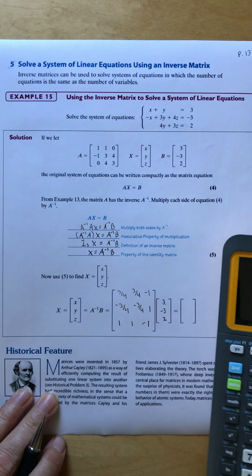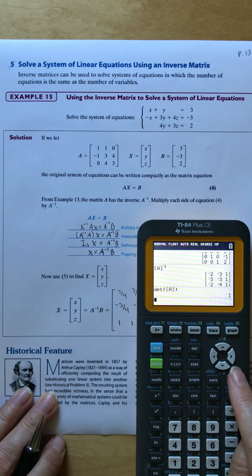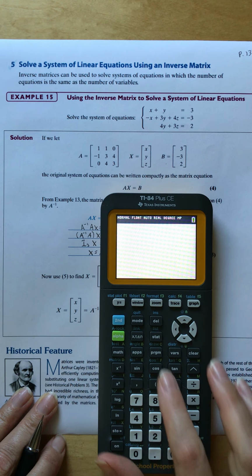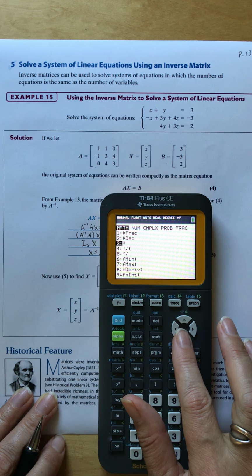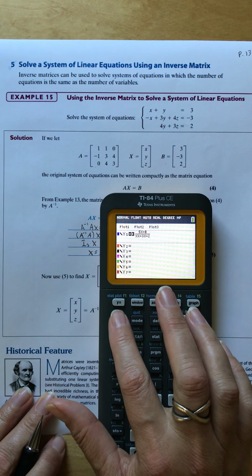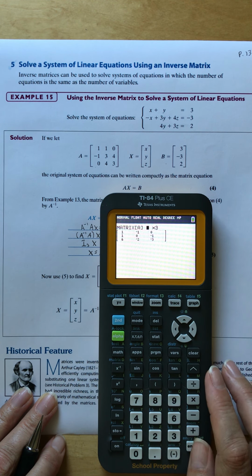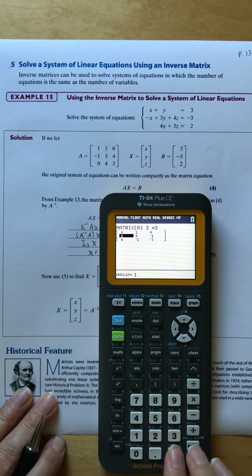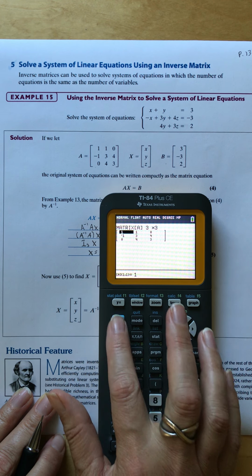So let's see how that would work on a calculator. So say you were solving this system and you would make this matrix, the 3 by 3, and get 1, 1, 0, negative 1, 3, 4, 0, 4, 3.